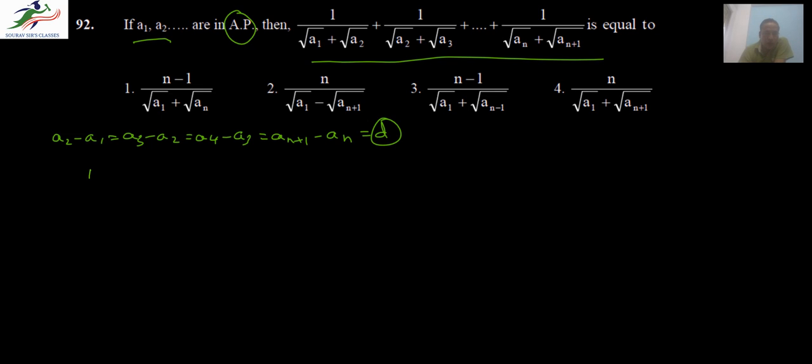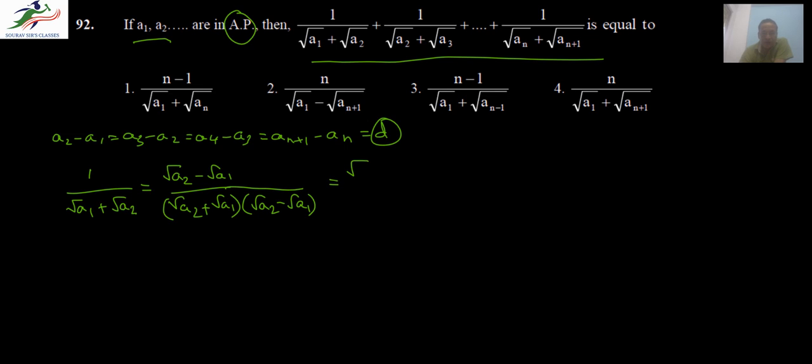So 1 by root a1 plus root a2 can be written as, multiplying root a2 minus root a1 in the numerator and denominator, root a2 plus root a1 into root a2 minus root a1 gives us root a2 minus root a1 by a2 minus a1, which is root a2 minus root a1 by the common difference.